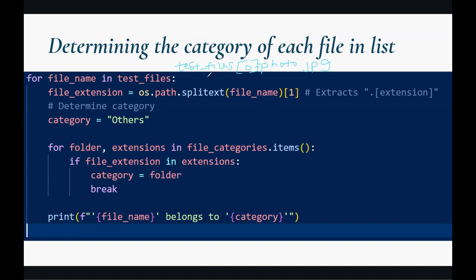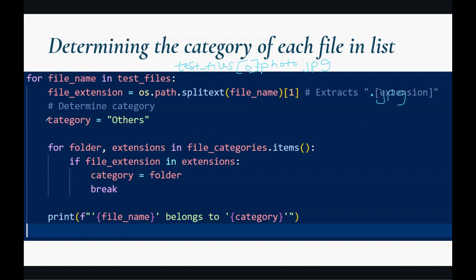The first element in our test files list is photo.jpg. So that is the first file that we're looking at. We're extracting the file extension from that item, which gives us .jpg.